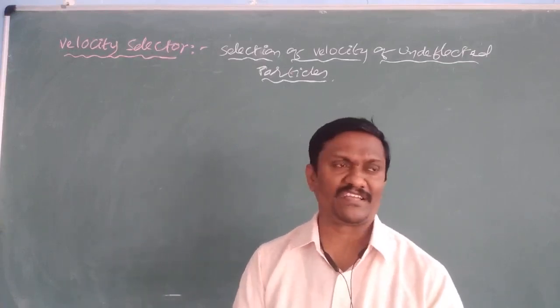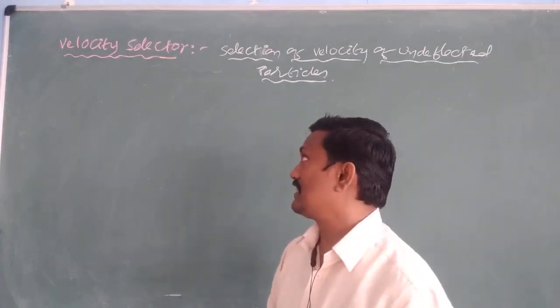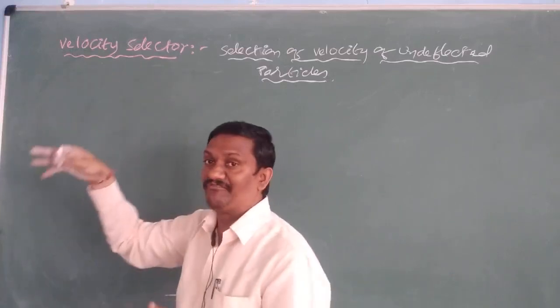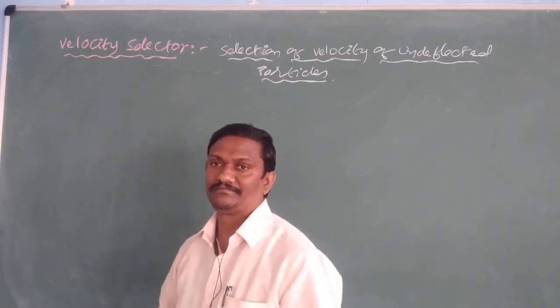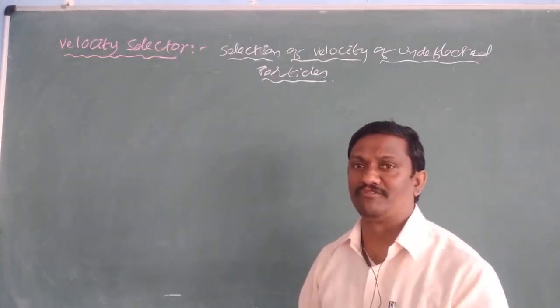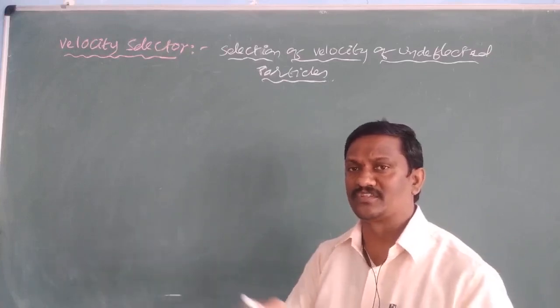And what is meant by velocity selector? The title is velocity selector: selection of velocity of undeflected particles. For some particles, electrical force is more. For some particles, magnetic force is more.